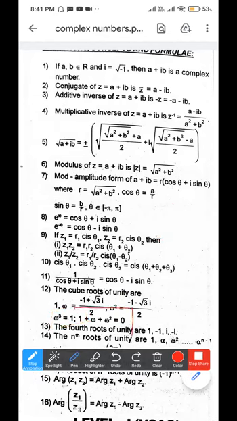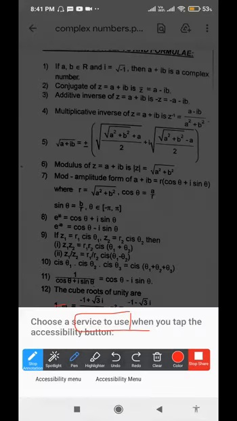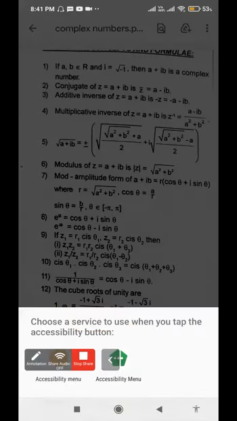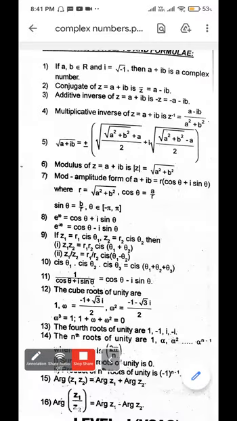The sum of 1, omega and omega square is equal to 0. We have done one question related to this in intermediate first year. I asked you to just remember the formula: 1 plus omega plus omega square is equal to 0 and omega cube is equal to 1.